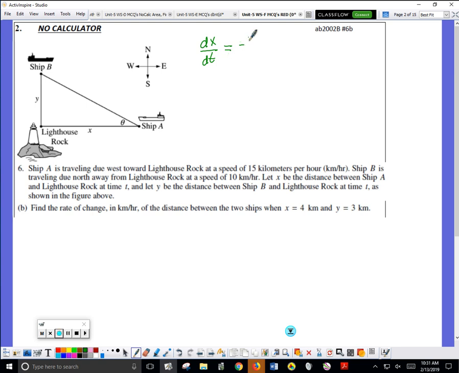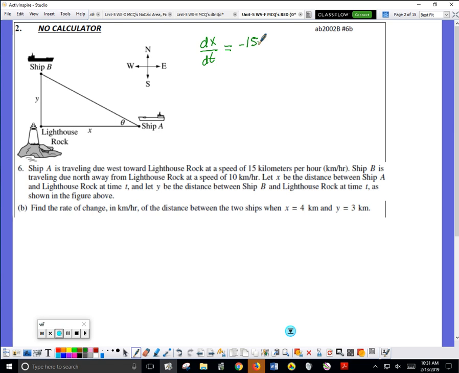So it's got to be negative. So that's the rate at which x changes. It's not x, it's the rate at which x changes. Elijah, that was my question. Perfect. Because x isn't growing, x is shrinking. Somebody asked last period if this was negative because the ship is moving in a negative direction. No. It's negative because x is shrinking.